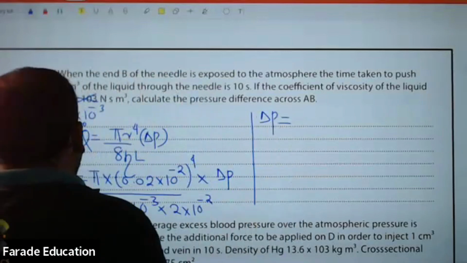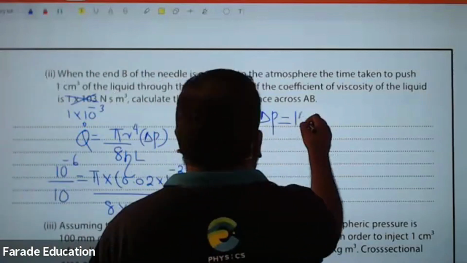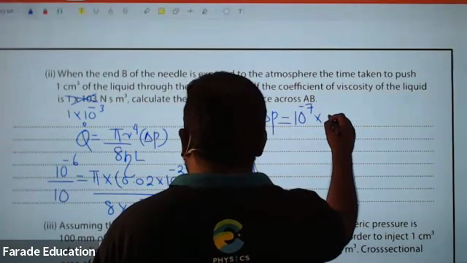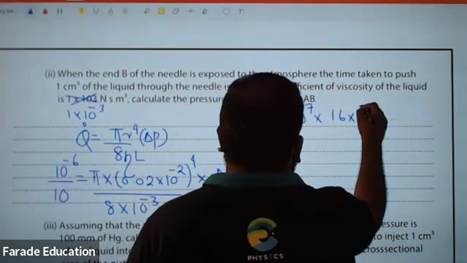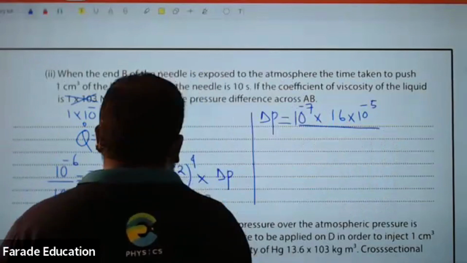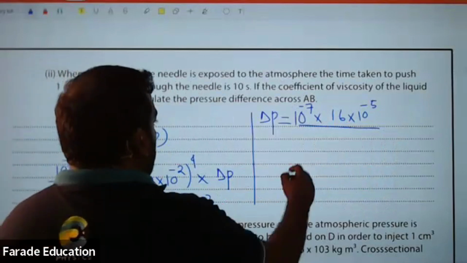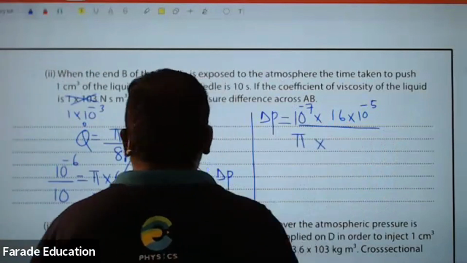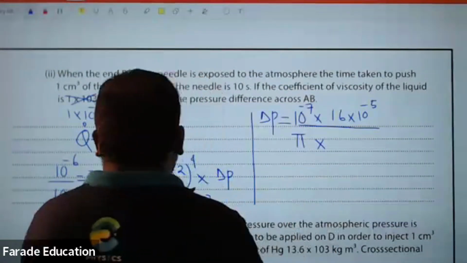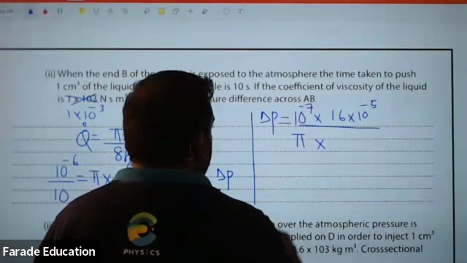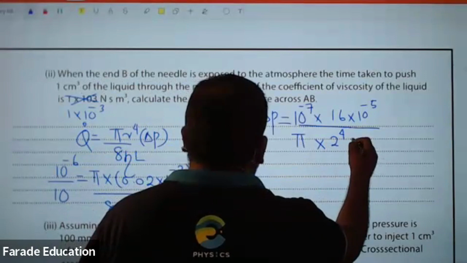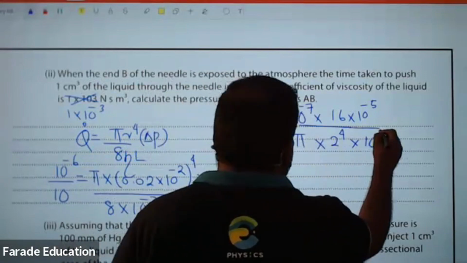Delta P, take it, 10 to the power minus 7 times 16, 10 to the power minus 5. I'm just multiplying it, 2 times 8, 16. Here minus 3, minus 2, minus 5. On top you have pi times 2 to the power 4, 10 to the power minus 4, which is 16, minus 16.